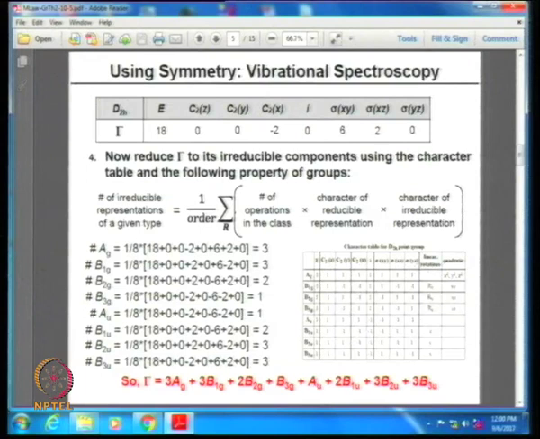If you look at the top row, which lists all the classes, there is the class of the identity, then there is the class of C2Z, Z-axis rotation, Y-axis rotation, and X-axis rotation. Each one has different effects because there are two nitrogens lying along one axis. So if you do X-axis rotation versus Y-axis rotation, you get different classes.